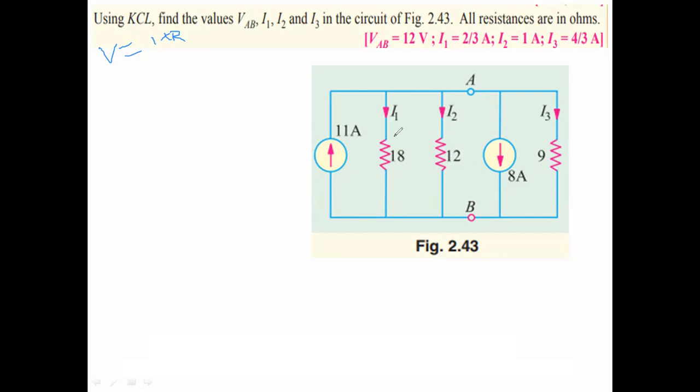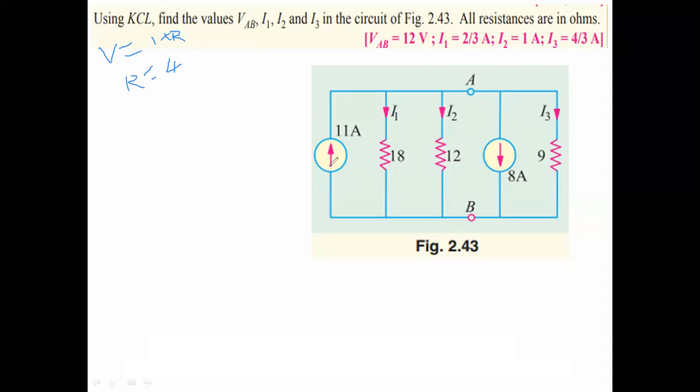With this parallel combination, the equivalent resistance is R equal to 4 ohms.